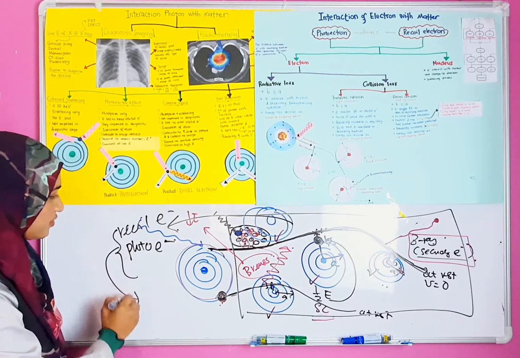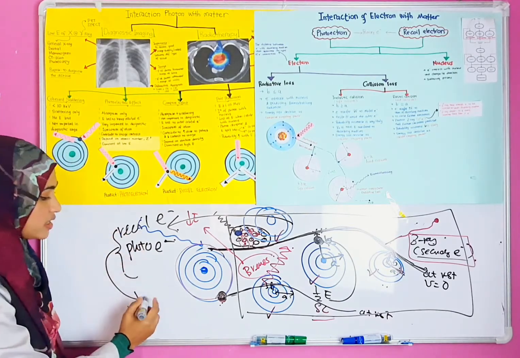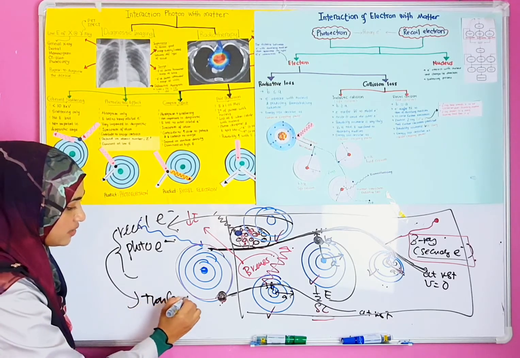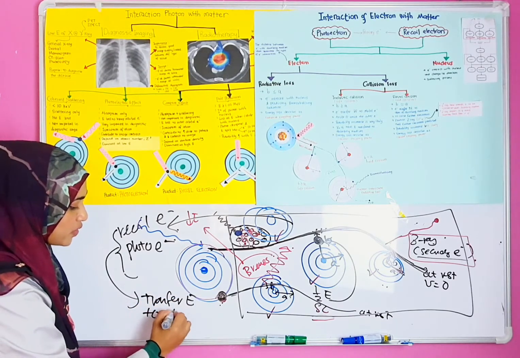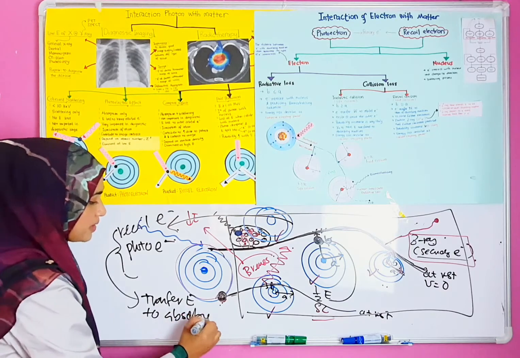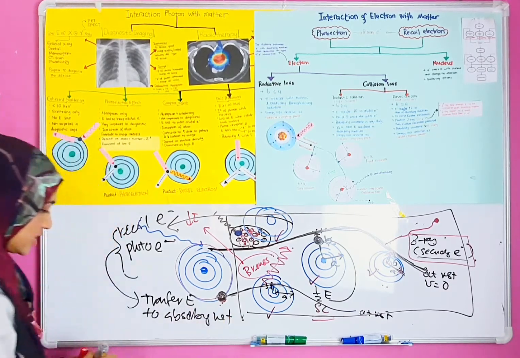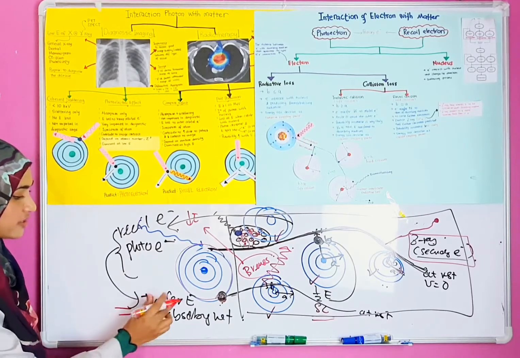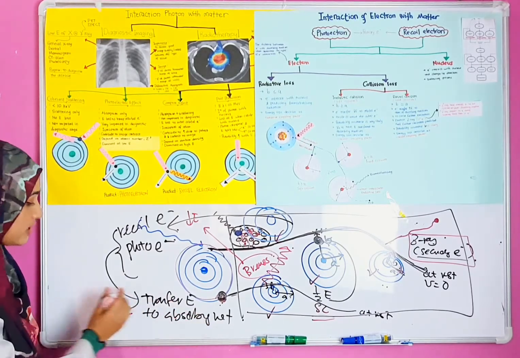The effect of these two electrons is to transfer energy to the absorbing materials. What is meant by transferring energy to absorbing material?